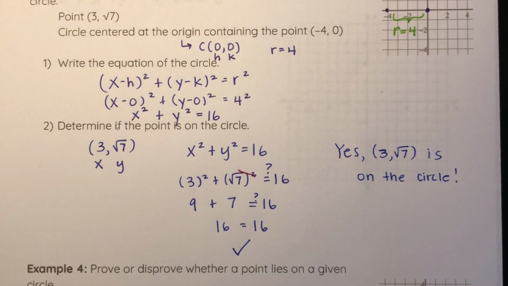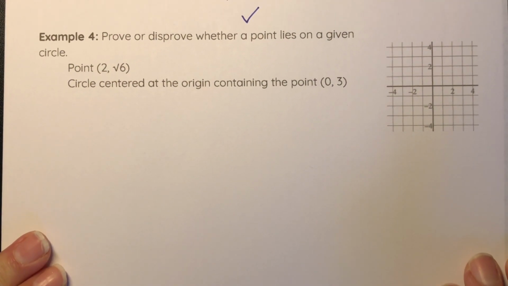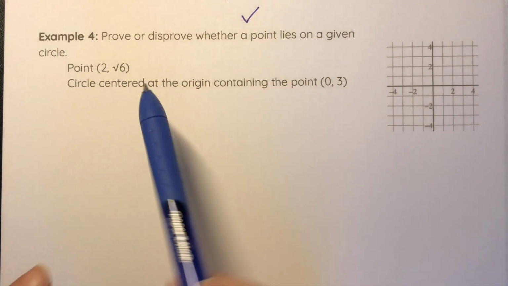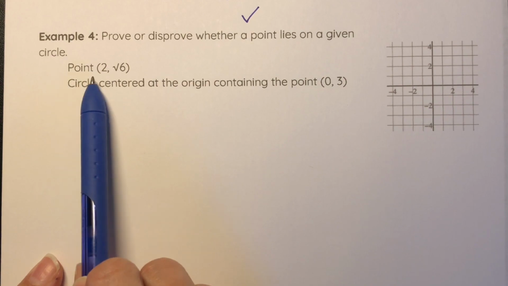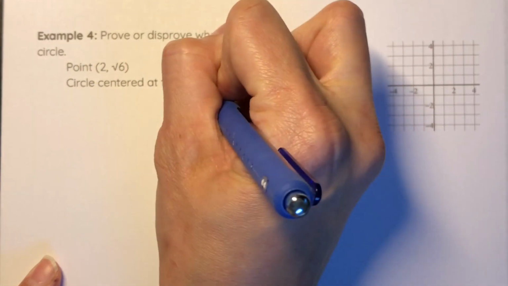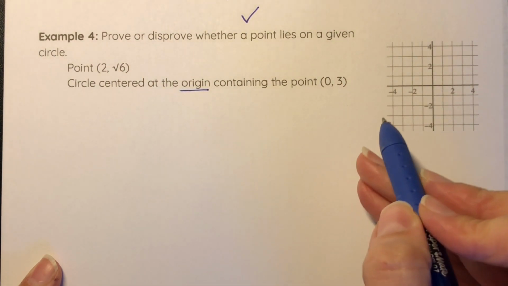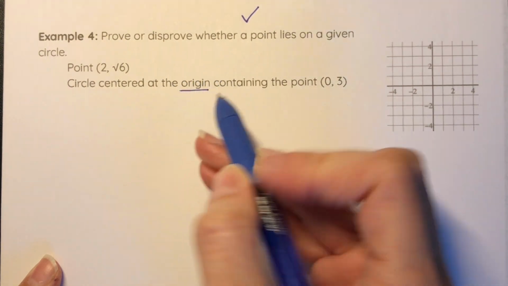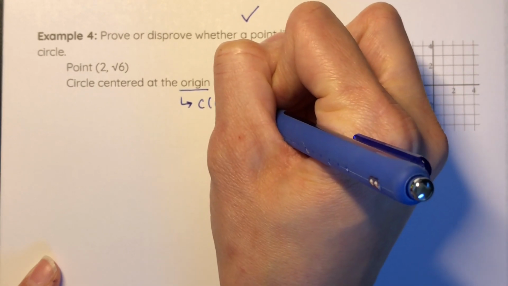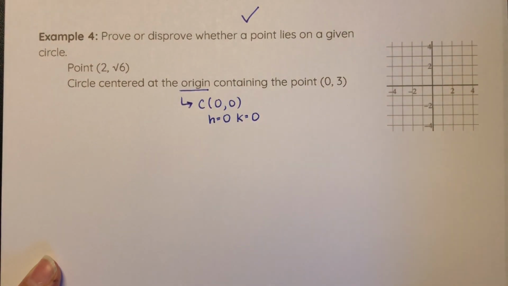All right, let's go ahead and look at one more example. So again, we have to prove or disprove whether this point lies on our circle. And in this case, our point is 2 comma root 6, and the circle again is centered at the origin, and it contains the point 0 comma 3. So remember, we can conclude that since it's at the origin, the center is going to be 0, 0, which means h is 0 and k is 0.